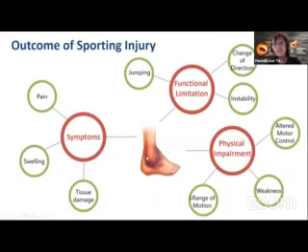But other than symptoms, there are a lot of other problems that will result from this ankle sprain. Because of the tissue damage, the pain and the swelling, it results in two other problems. One is your physical impairment, and the other one is your functional limitation.